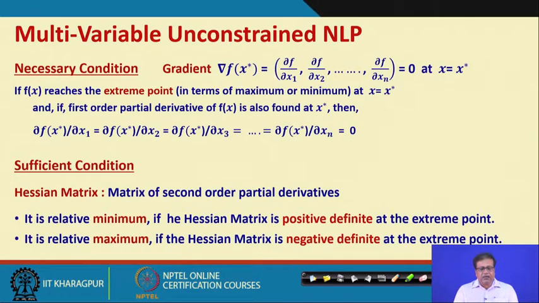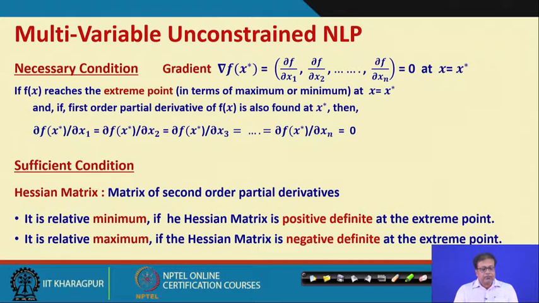But the moment we have multiple variables, it is not easy to obtain the first or second derivative. At that time we introduced two more concepts: the gradient and the Hessian matrix. The gradient consists of first order partial derivatives, which we equate to 0 at x star, the maximum or minimum, that is an extreme point.